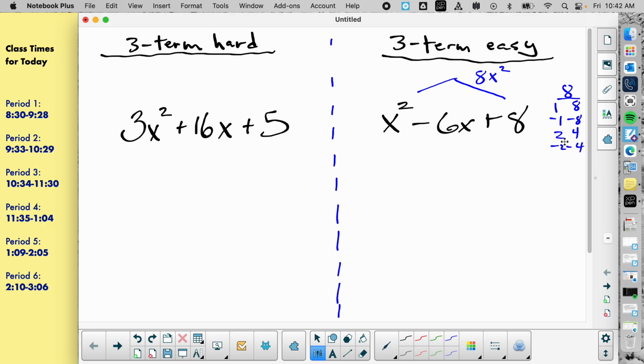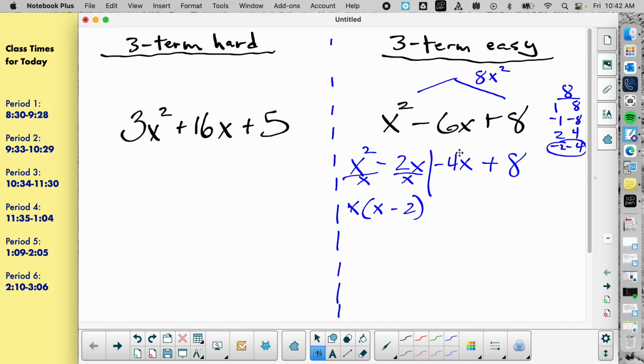And then you probably recognize -2 and -4 is the pair that adds up to -6. So then you would write x squared minus 2x minus 4x plus 8. Split it in half. Factor the first half, so they both have an x going into them. So whether I do this in my head or write it out, I would take it away and get that.